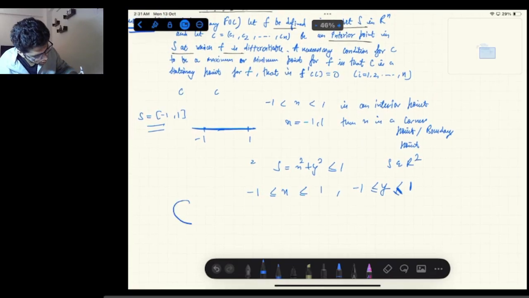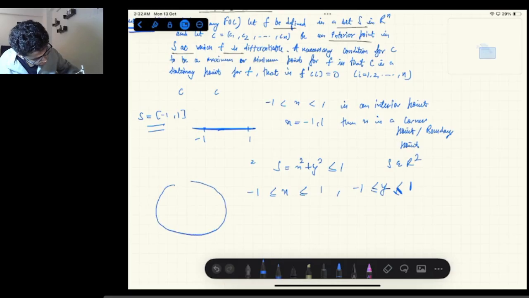So this becomes a circle. We have a circle here in this case. Why am I not able to draw a circle, right? So this becomes a circle here, and this is -1, for example. This is 1, this is 1, and this is -1, right?